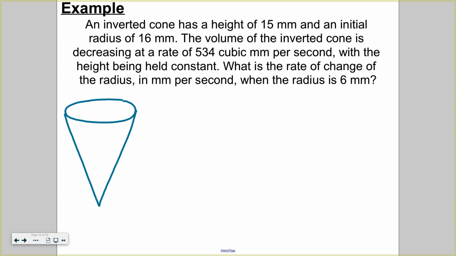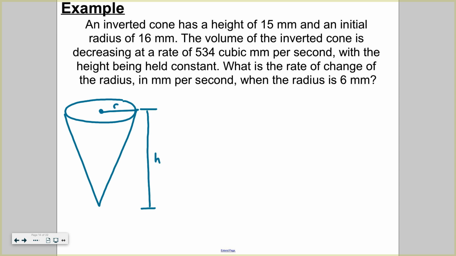And we are told that the inverted cone has a height of 15 millimeters and an initial radius of 16 millimeters. Alright, so that means we have a height and then we have an initial radius.